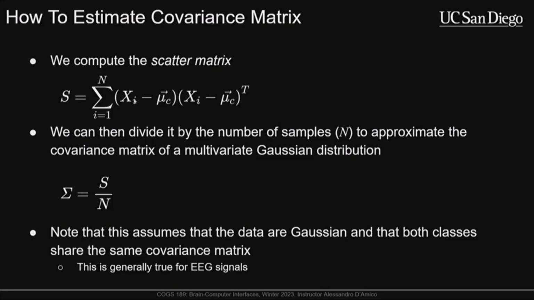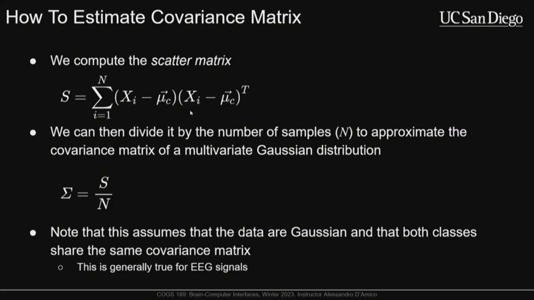So what we do is take any given data point from our matrix and subtract the mean of the class of the data point. This is important. We're not subtracting the mean of the entirety of the data. Our data are labeled, so we can calculate the means of our class 0 and our class 1, and we want to subtract the specific mean that we need during this operation. So in this case, mu c, the c is just a variable, and it'll either be 0 or 1, representing the mean of class 0 or the mean of class 1.